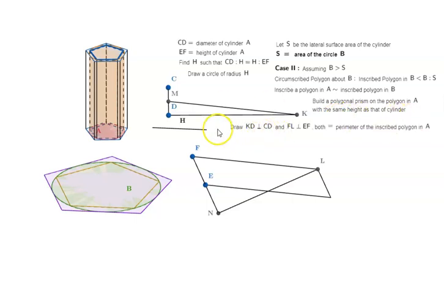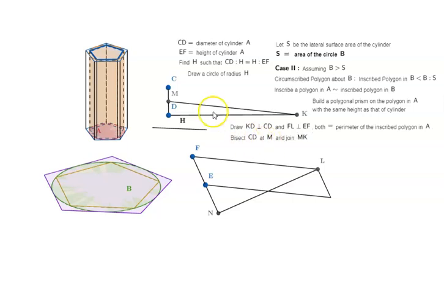Draw KD perpendicular to CD and FL perpendicular to EF, where both are equal to the perimeter of the inscribed polygon in A. In the previous case, it was the perimeter of the circumscribed polygon in A. Here it is the inscribed polygon perimeter.